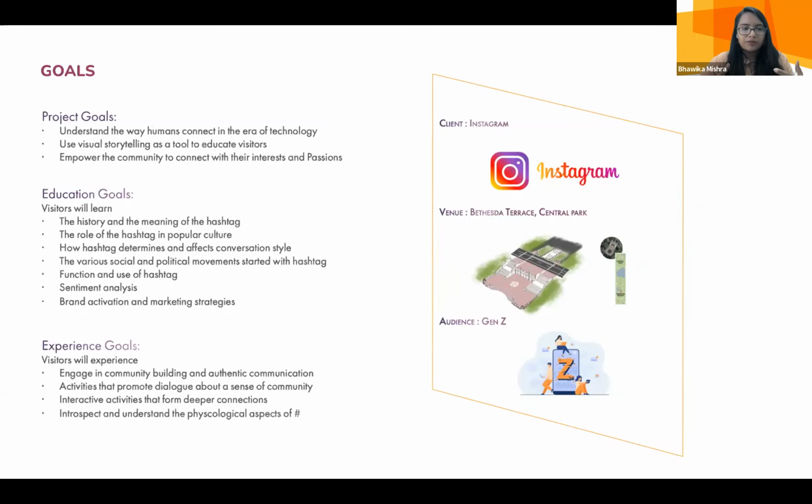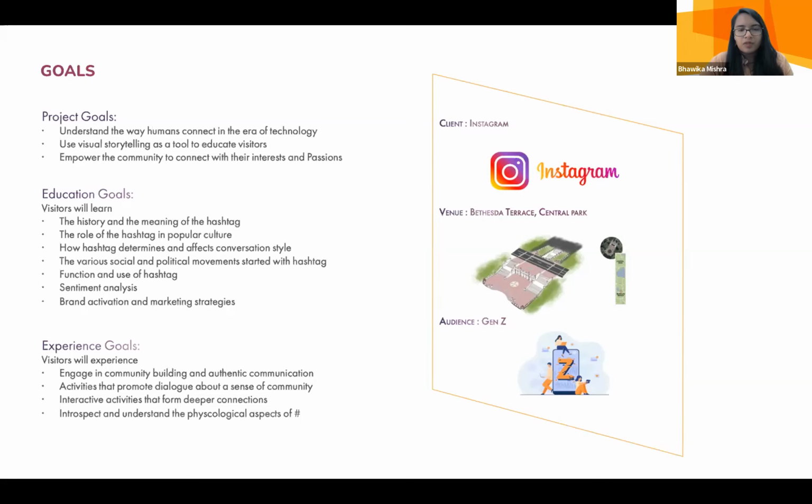And the education goals would be learning more about the meaning of hashtag and where it really came from, and how it is affecting our conversation styles, the sentiment analysis, the brand activation, and the marketing strategies that hashtags incorporate. And for the experience goal, the activities would be promoting dialogues about a sense of community and a deeper connection, and also understanding the psychological aspects of hashtag.